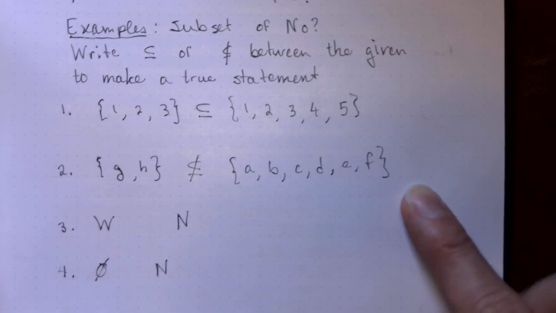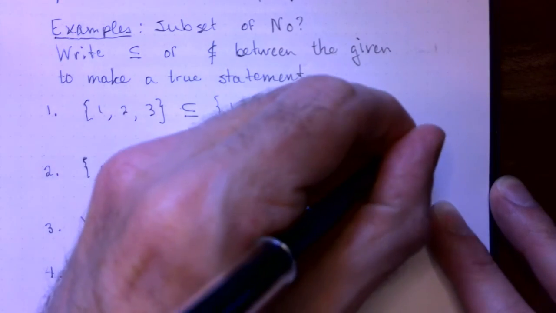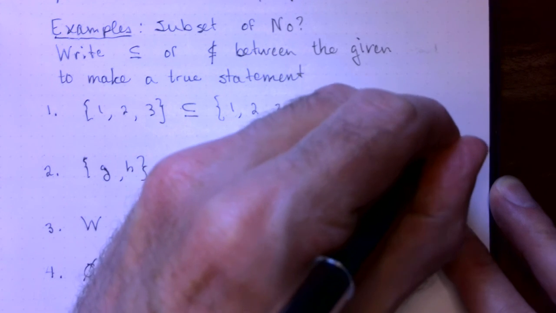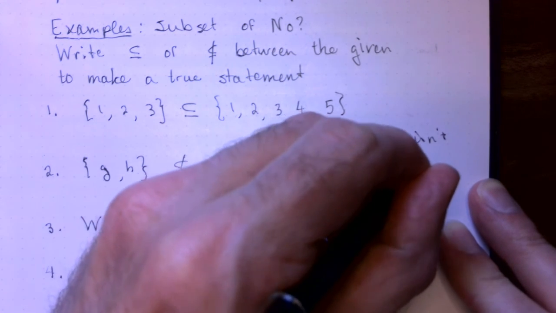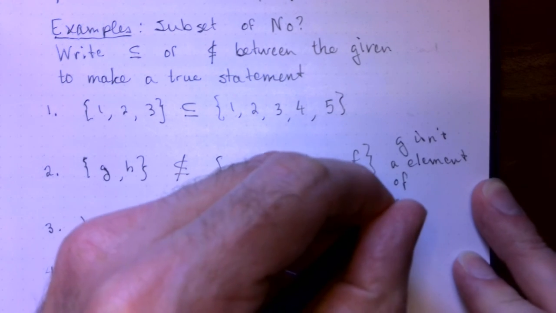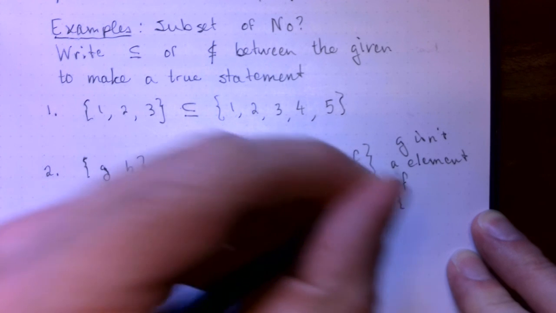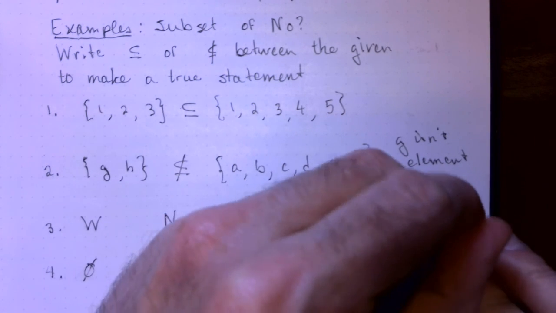So this is not a subset. Our reason is G isn't an element of that set. A, B, C, D, E, F.